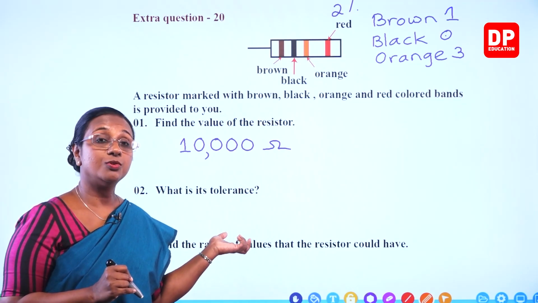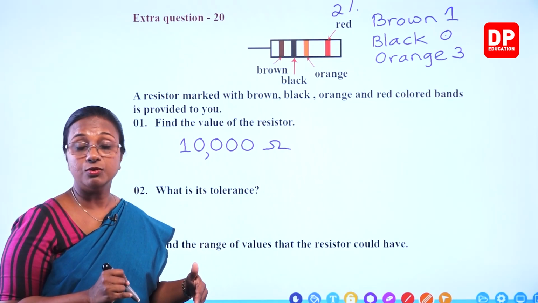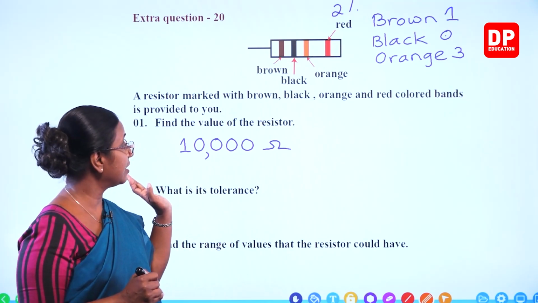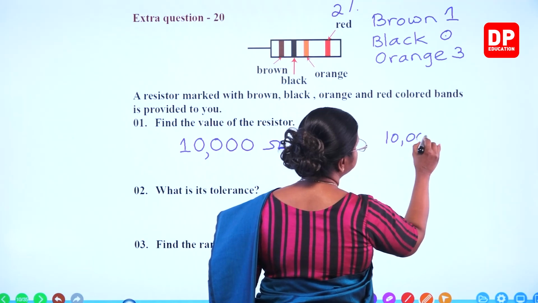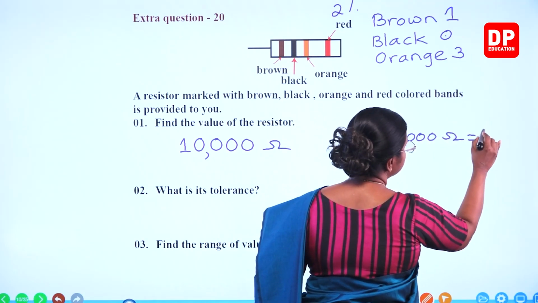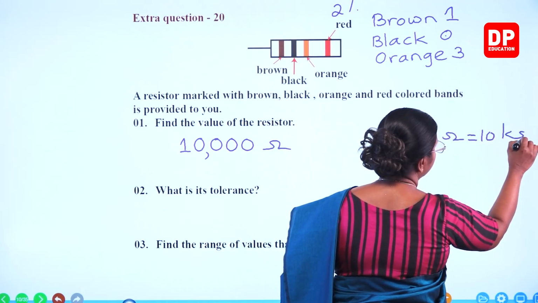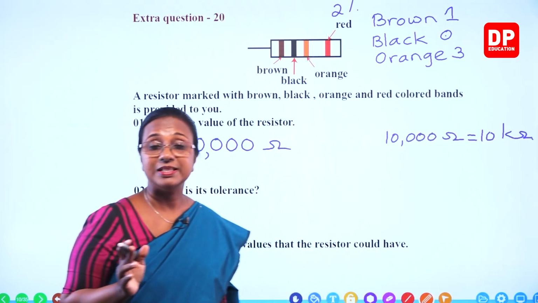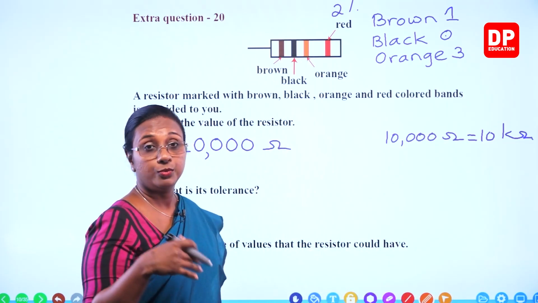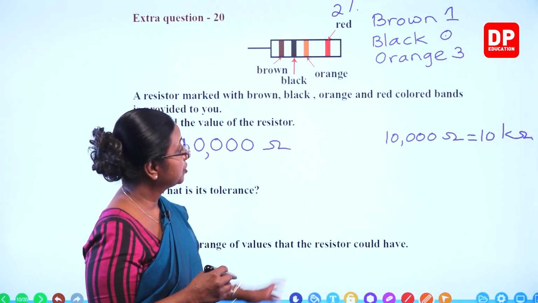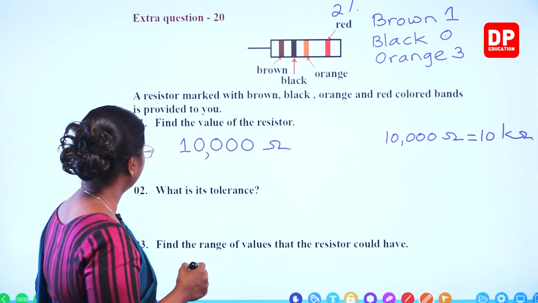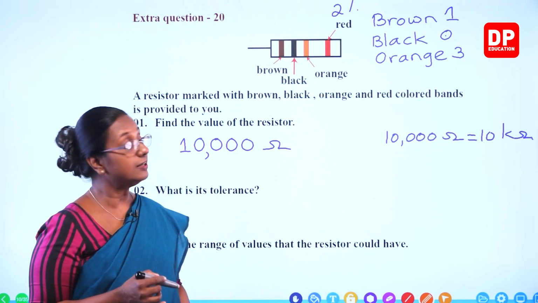So 10,000 ohms is equal to 10 kilo ohms. We will leave it as 10,000 ohms, but you have to know 10,000 ohms equals 10 kilo ohms. You should be familiar with this value as well. You can convert the resistance to kilo ohms as well. So 10,000 ohms is 10 kilo ohms. That is how you find the value.